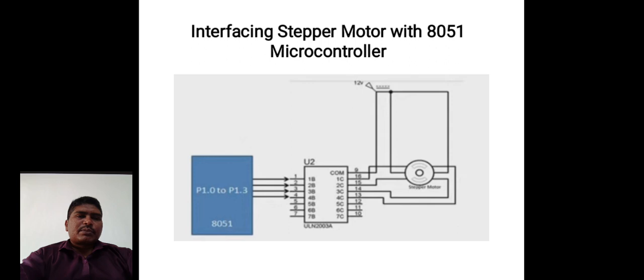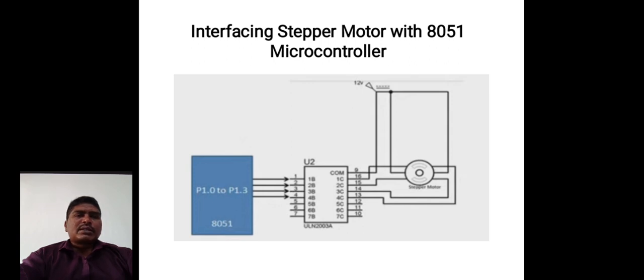Here the stepper motor is interfaced with 8051 through this driver circuit, ULN2003A, which is the driver circuit we are using to interface the stepper motor with the 8051. And the rest two wires, we have discussed in the previous slide.